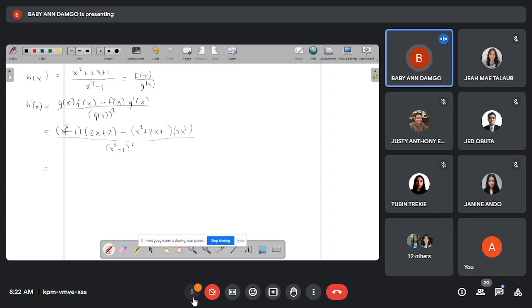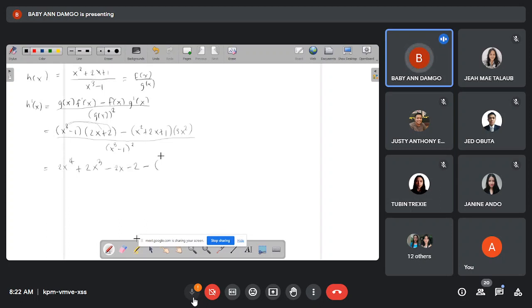Okay, so simplify. So this is 2x to the fourth plus 2x cubed. So di ka na diri ha. Ani. So x cubed times 2x kani. X cubed times 2 so kani. So minus diri, this is minus 2x minus 2.